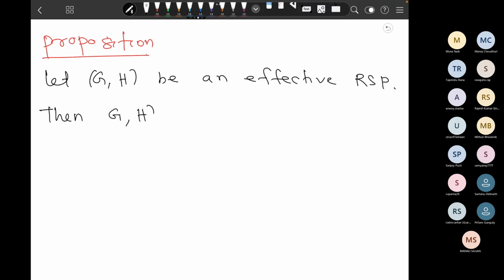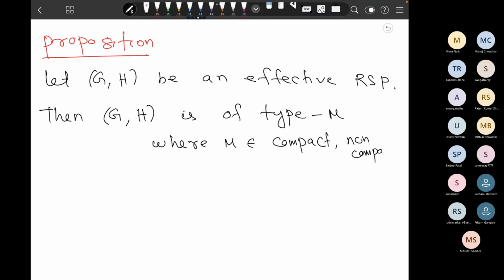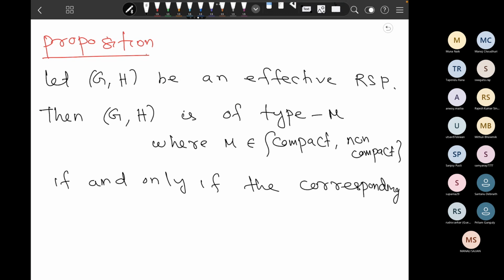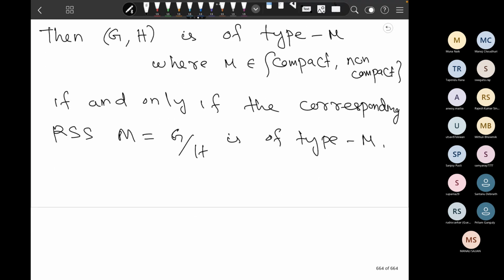Then G, H is of type mu, where mu here is compact or non-compact, not including Euclidean, if and only if the corresponding Riemannian symmetric space M equal to G mod H is of type mu.